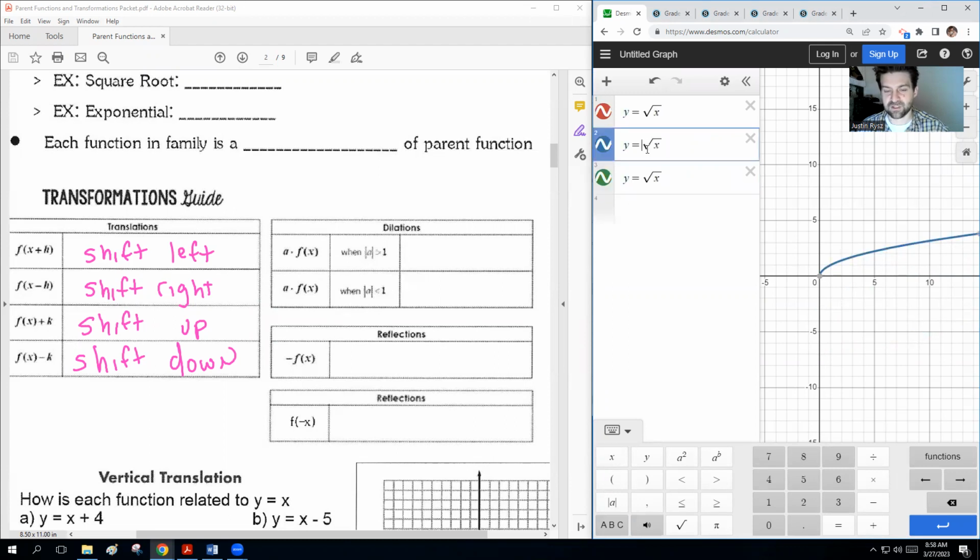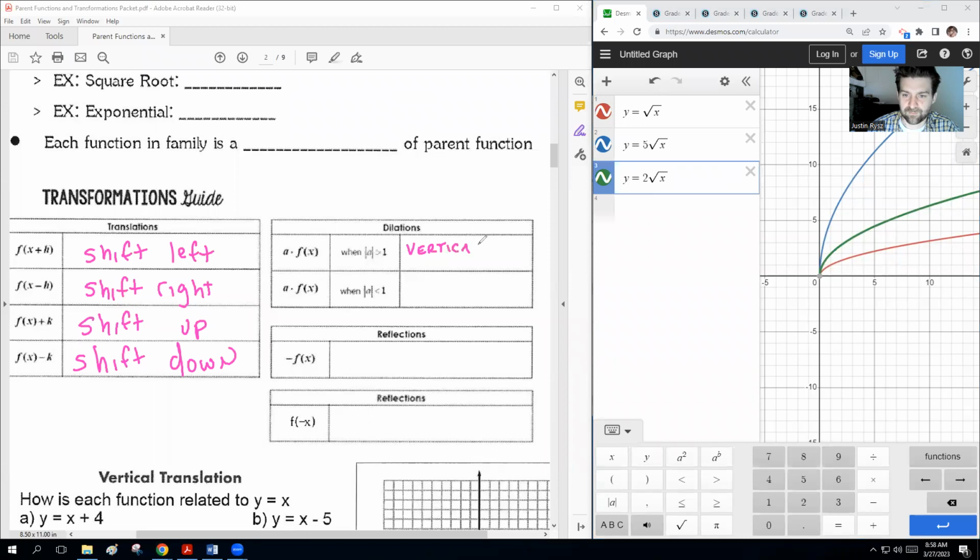We take the function and we times it by a number bigger than 1. So if I do 5, I can do 2 here. What we're doing here is a vertical stretch. Anytime we multiply the function by a number bigger than 1, we're going to stretch it vertically.